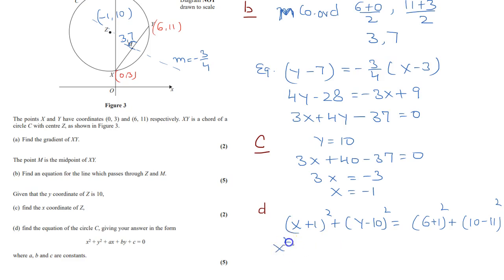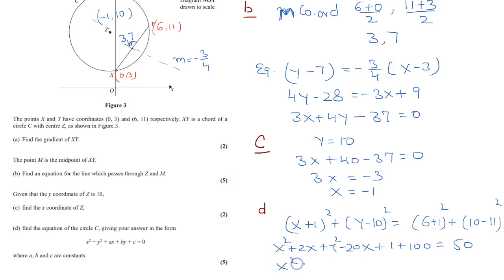So this is x square plus 2x plus y square minus 20y plus 1 plus 100 is equal to 7 square is 49 plus 1 is 50.